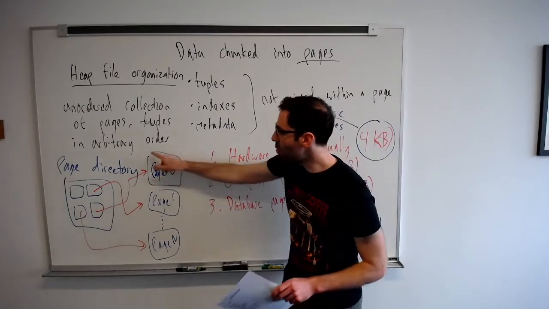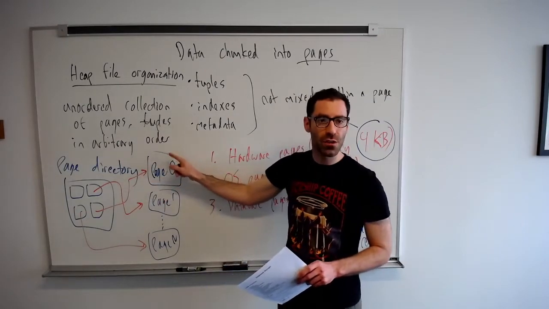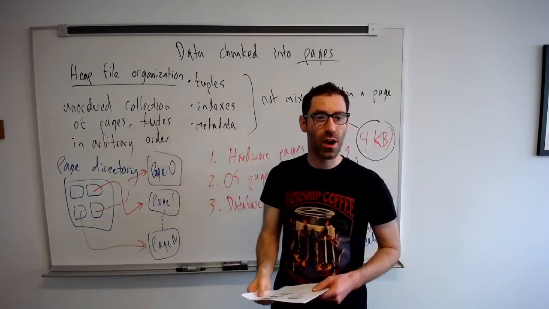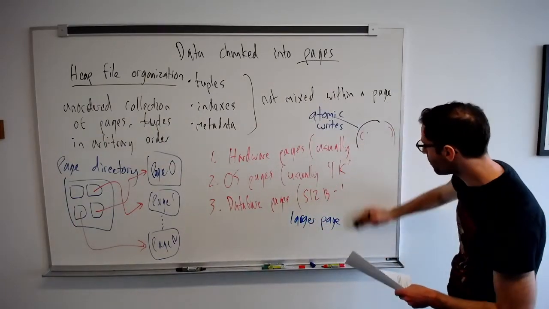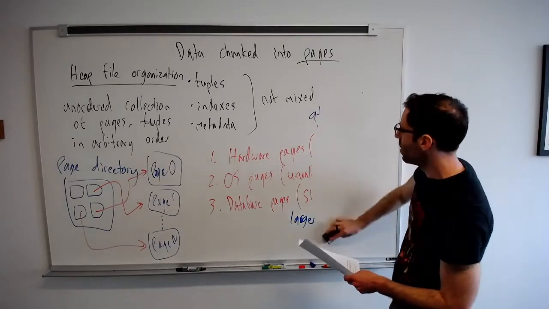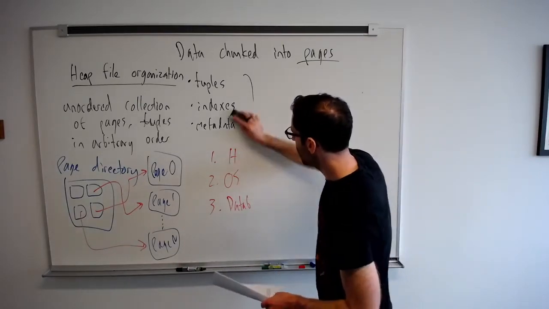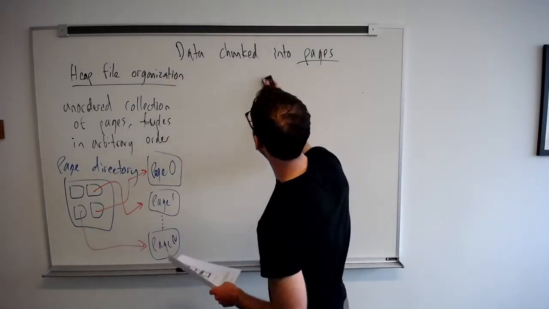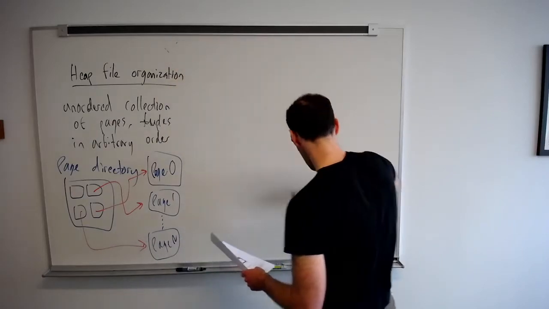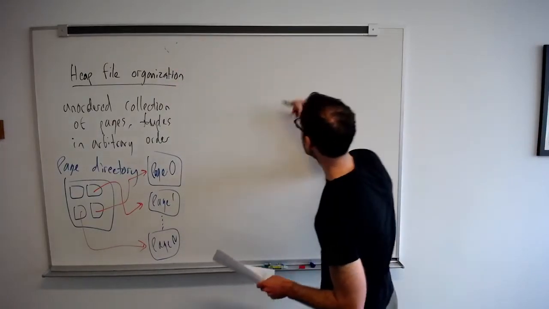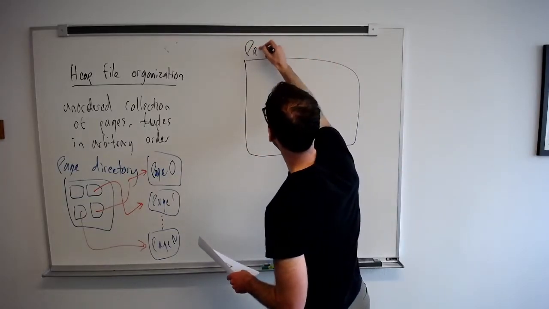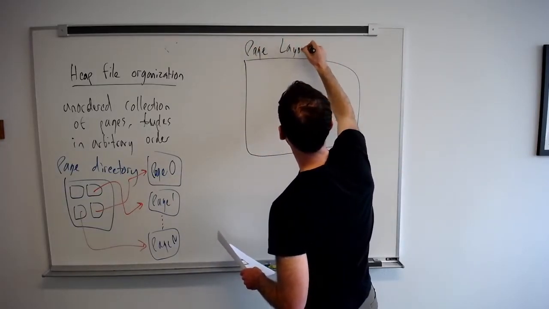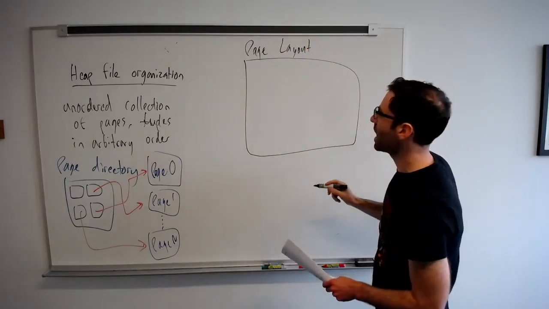So let's dive into what is actually inside each of these pages. How is it keeping track of the tuples or what other data it has? Let's talk about how pages are going to be laid out.